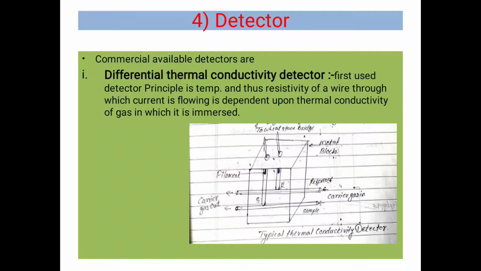There are some commercially available detectors. The first one is the differential thermal conductivity detector, which was the first detector used. The principle of this detector is that the temperature, and thus the resistivity, of a wire through which current is flowing depends upon the thermal conductivity of the gas in which it is immersed.